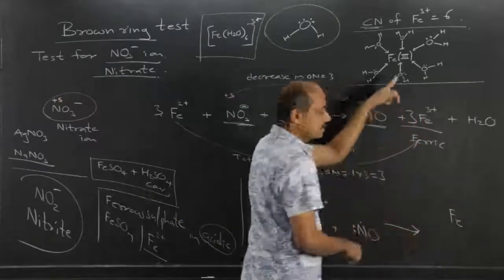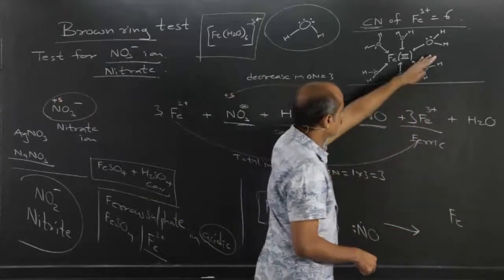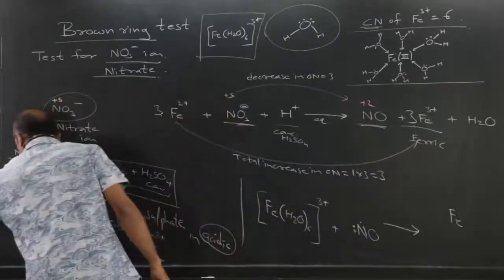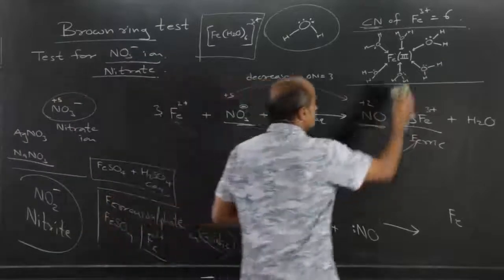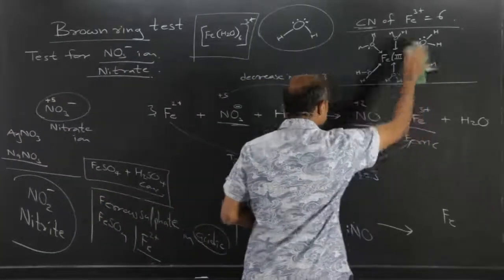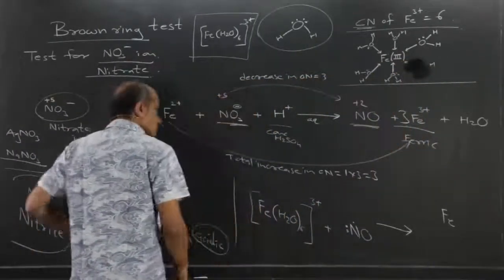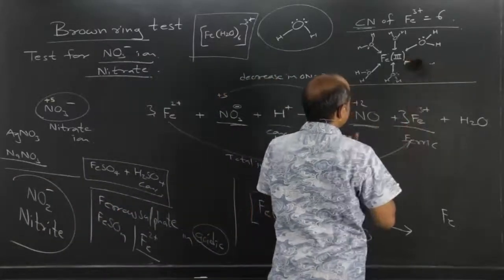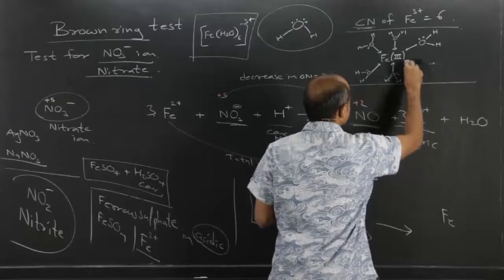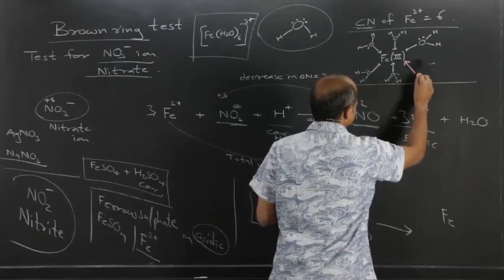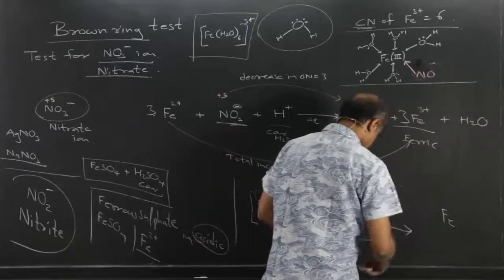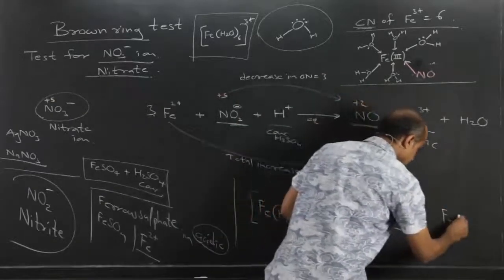So 5 coordinate covalent bonds are there, and 1 water molecule gets replaced. I can show it. What we get is this. So in short, let me write it in this fashion.